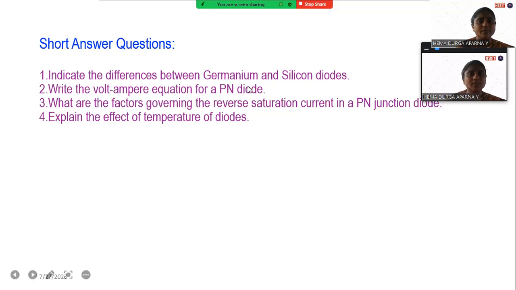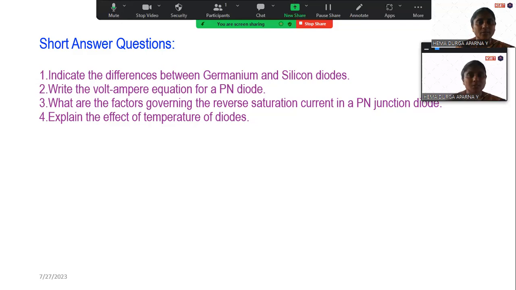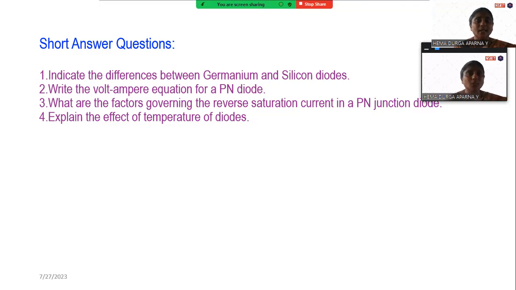And I want to answer one more question for your convenience. What are the factors governing the reverse saturation current in a PN junction diode? Let me give you a brief introduction regarding reverse saturation current. Here you will observe that in the reverse biased condition, when you keep on increasing the voltage, after crossing the reverse breakdown voltage, there exists some current known as reverse saturation current.